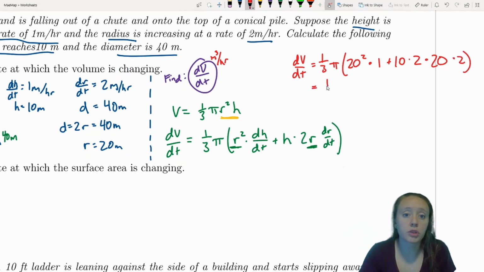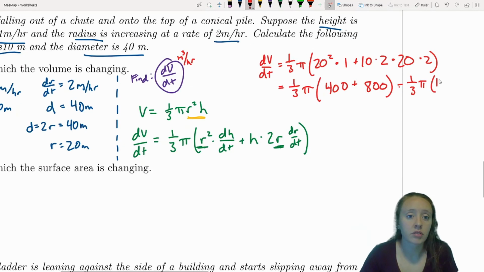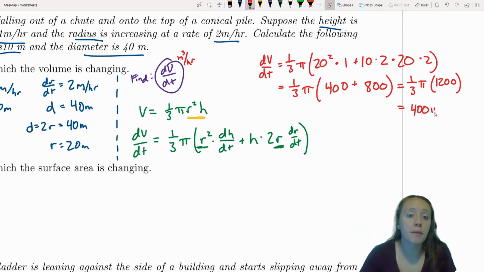So this is going to be equal to 1/3 pi times 20 squared, which is 400, and times 1, that's still 400, plus 2 times 2 is 4, 4 times 10 is 40, 40 times 20 is going to be 800. So I have 1/3 pi times 400 plus 800 is 1200. And if I take 1200 and divide it by 3, that's going to be 400, and that's all multiplied by pi. And remember, my label is meters cubed per hour.